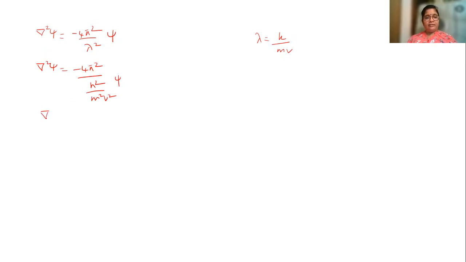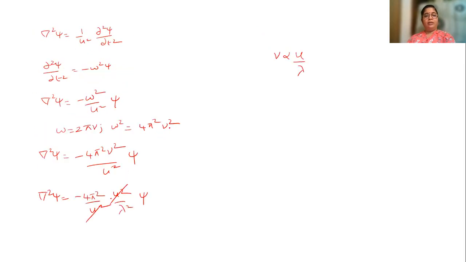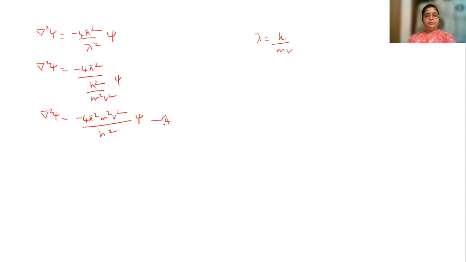So you can write this again as del square psi is equal to minus 4 pi square m square v square by h square into psi. Now this can be equation 4.